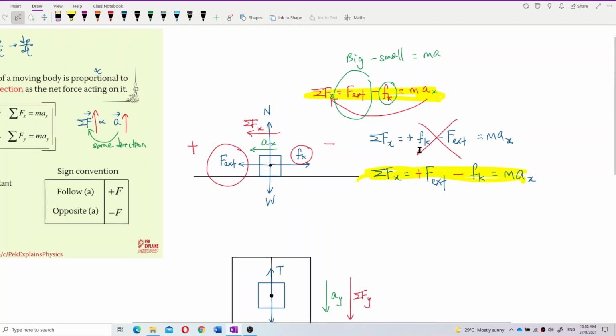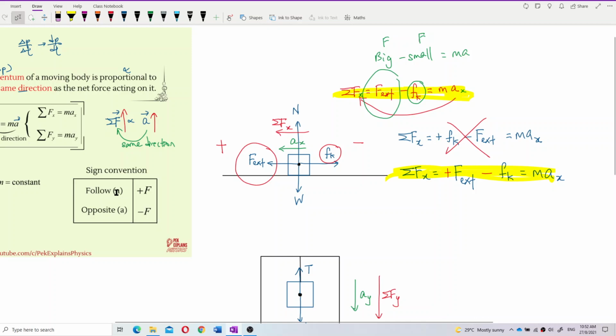So there are two ways. You can either use this system, big force minus a smaller force, you get ma. Or you can also use the system: follow acceleration is a positive force, opposite acceleration is a negative force.